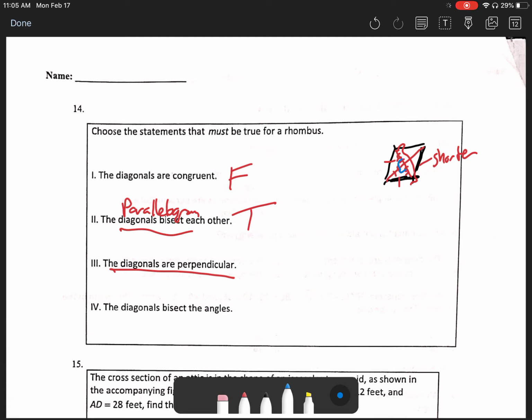You could do a proof, or you could just memorize it. This is actually true. And diagonals bisect opposite angles. I can prove that, since this triangle and this triangle are congruent to each other, that angle and that angle are congruent to each other. So that is also going to be true. Diagonals bisect opposite angles in both a rhombus and a square, and one pair in a kite, just to remind you.